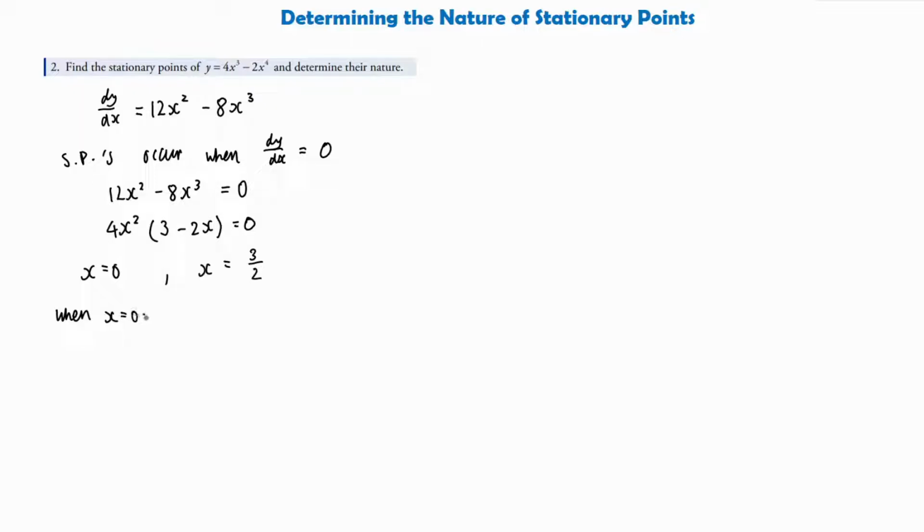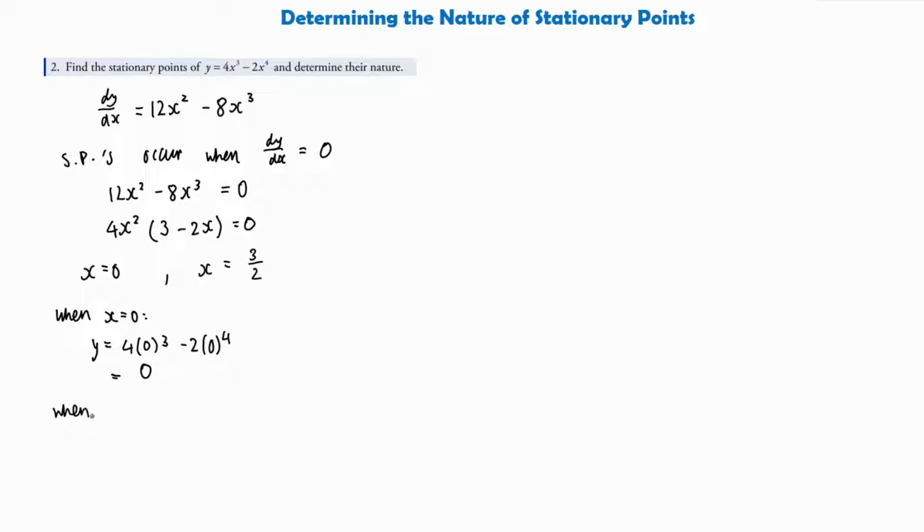So when x is equal to 0, we just substitute in x to be 0, we get y, which we can already see is going to be 0, but we'll do it anyway. 4 times 0 cubed minus 2 times 0 to the power of 4. We can see it's just going to give us 0.